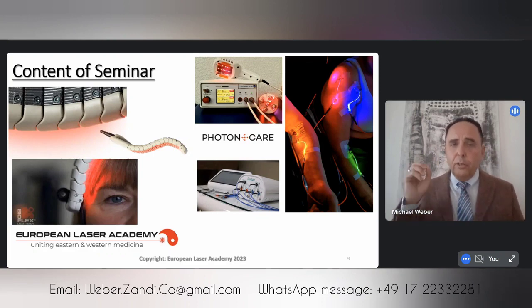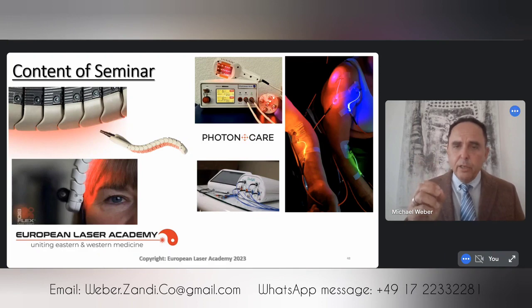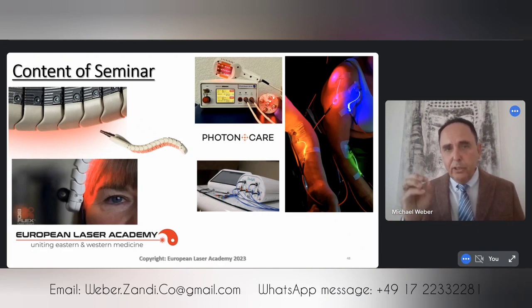And then you use the same needle to put in sterile single-use optic fibers like the Photon Care Moonlight Starlight and bring the different colors that are required into the joint space.